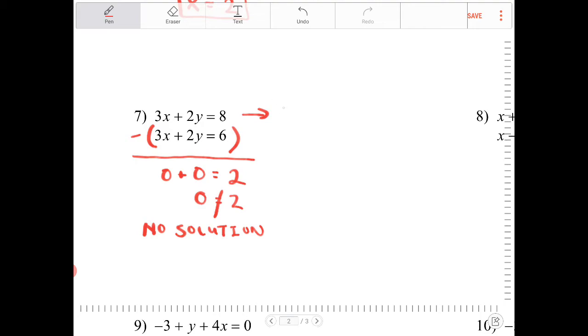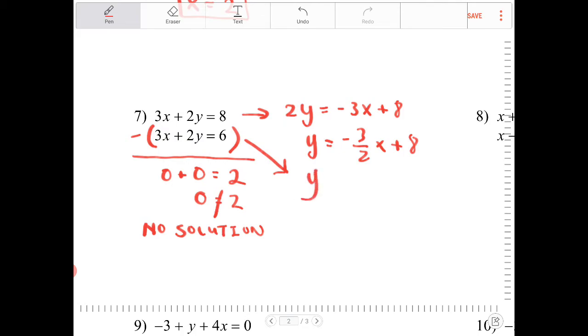I'll end up with 2y equals negative 3x plus 8, and divide by 2. I'll end up with y equals negative 3/2 x plus 4. And if I do this with the second equation, I'm sorry, this should be 4 here, not 8. We'll end up with a very similar equation. We're going to end up with negative 3/2 x plus 2.